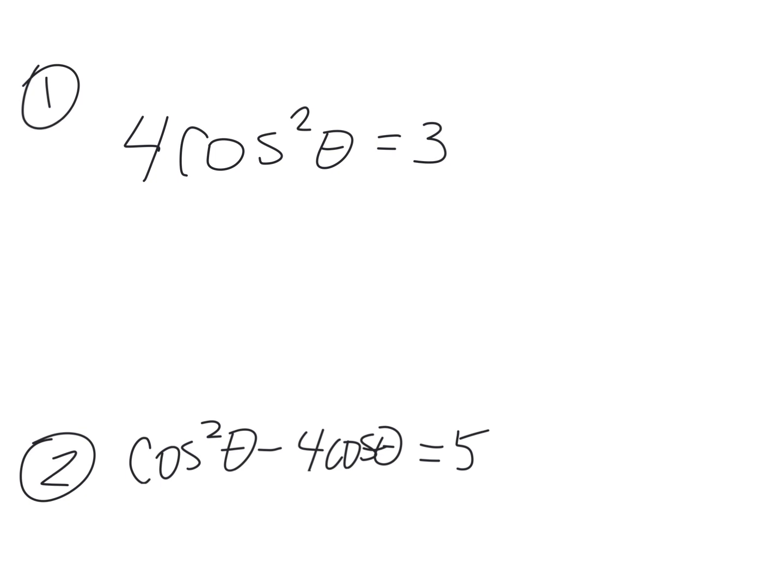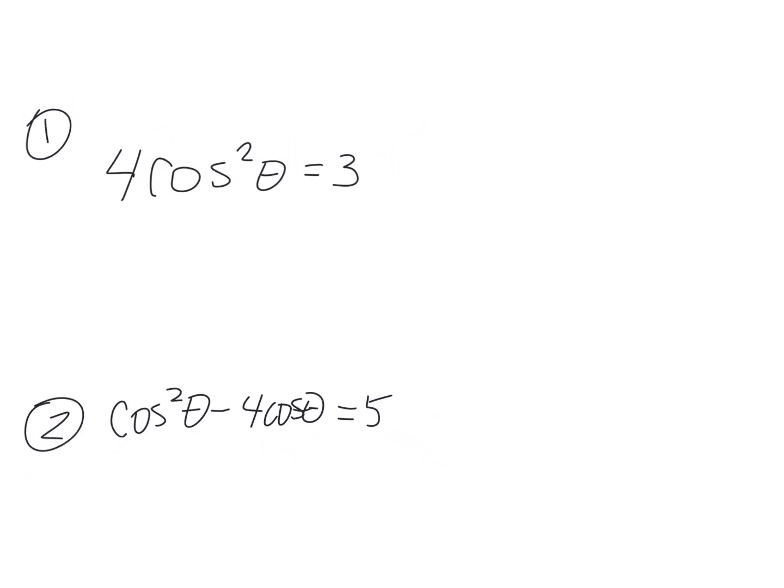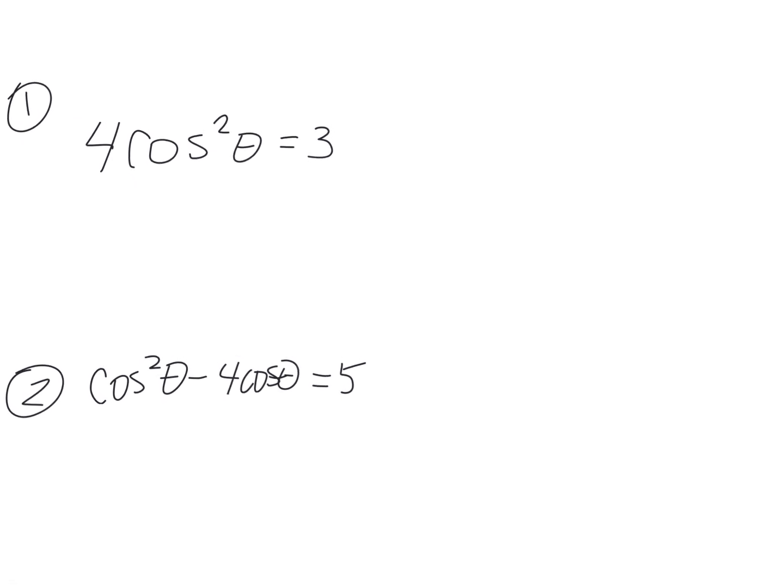Question number 2. Cosine squared theta minus 4 cosine theta equals 5. And I'm going to give you a minute or 2 to answer those 2 first. And then I'm going to give you the big bad problem.